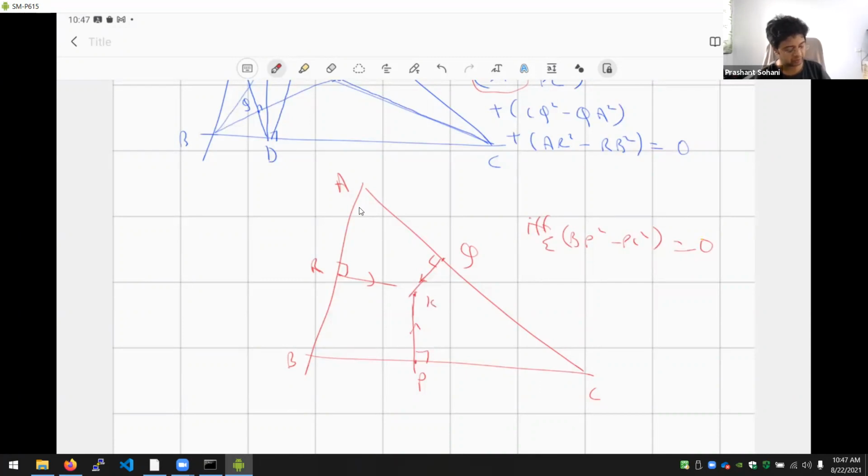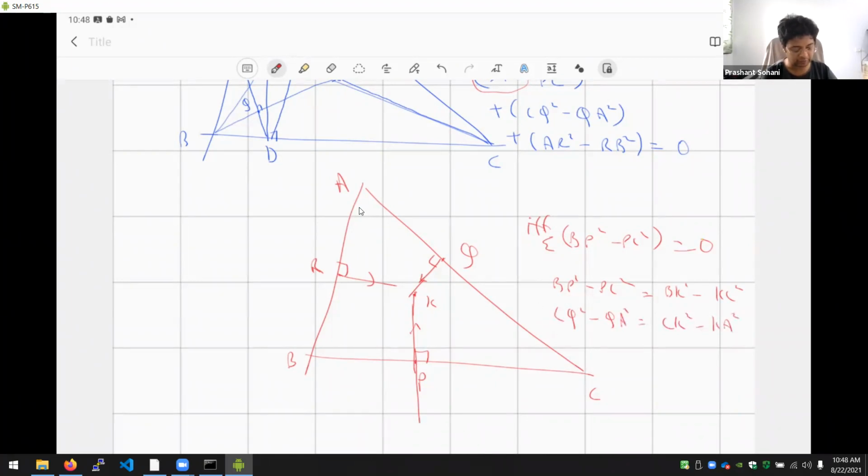So BP square minus PC square is equal to nothing but BK square minus KC square, because I am able to transfer the difference of the squares anywhere on this line, it will be constant. Similarly, CQ square minus QA square is equal to CK square minus KA square, right?